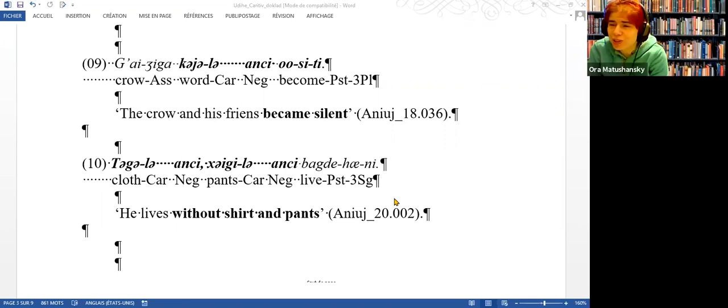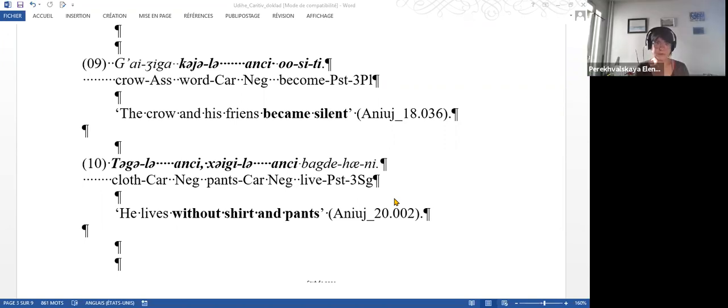So if you say there's no brother or sister, would you have to repeat the negation? Yes, I would say yes. Because you see, for example, in the construction I have no dog, we do not use anchi. I would say mindu inei chi, the dog is not big.